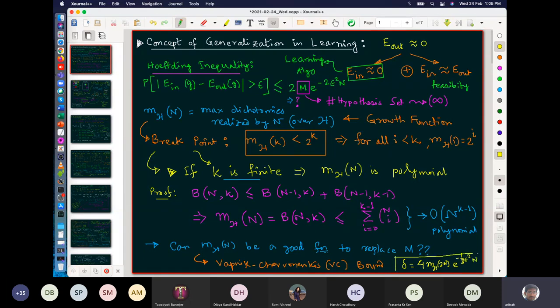So this is the delta function. With respect to delta and epsilon, I give my E in minus E out, this generalization bound, for bad events. For the good events, it's just called a PAC bound, where it also suggests from this m_H(n) what Leslie Valiant showed, that there will be a polynomial time algorithm to train and learn something which is good enough.